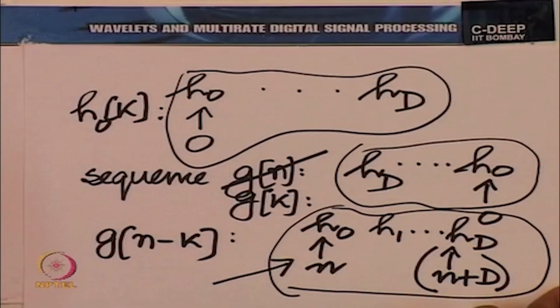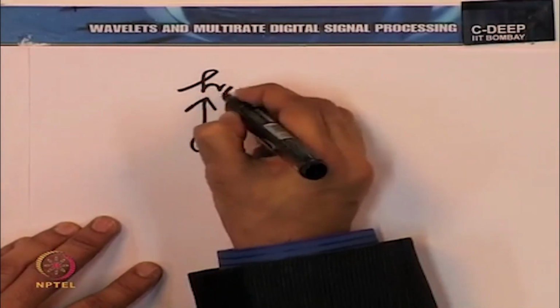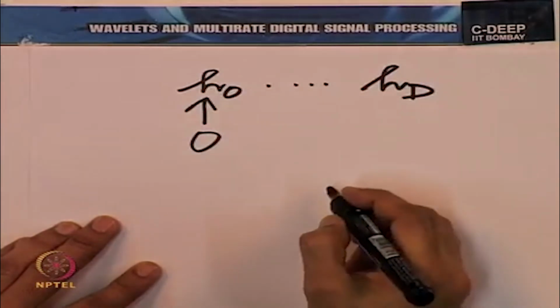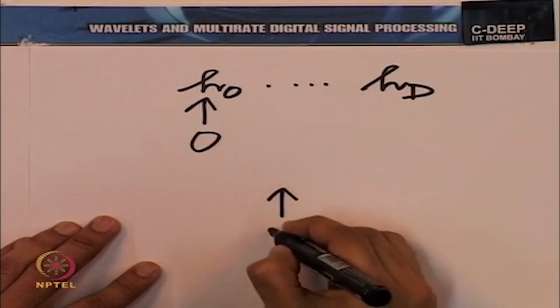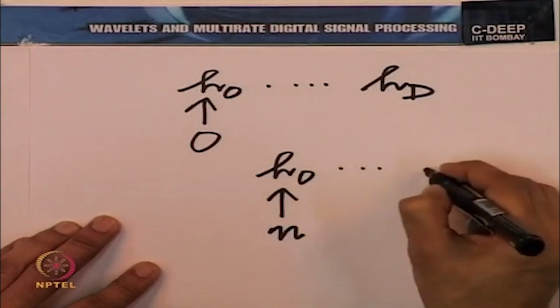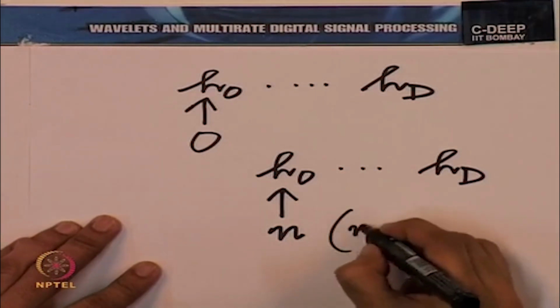We have this so-called static sequence, and this is going to move around. n is moving.